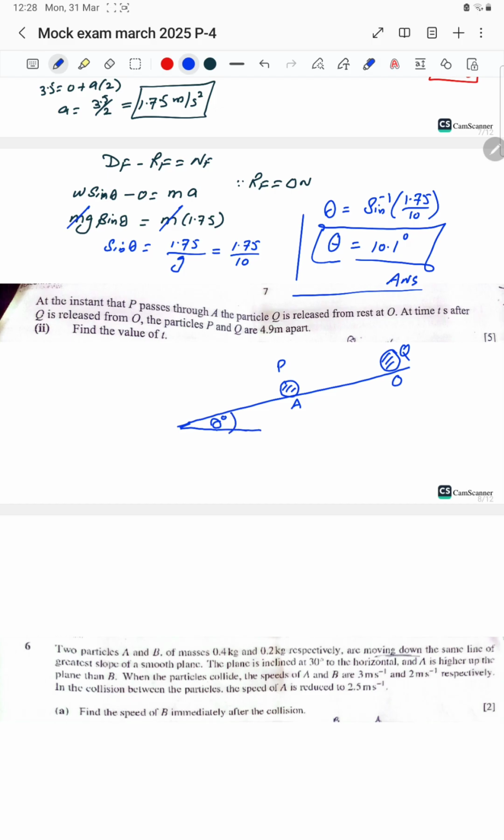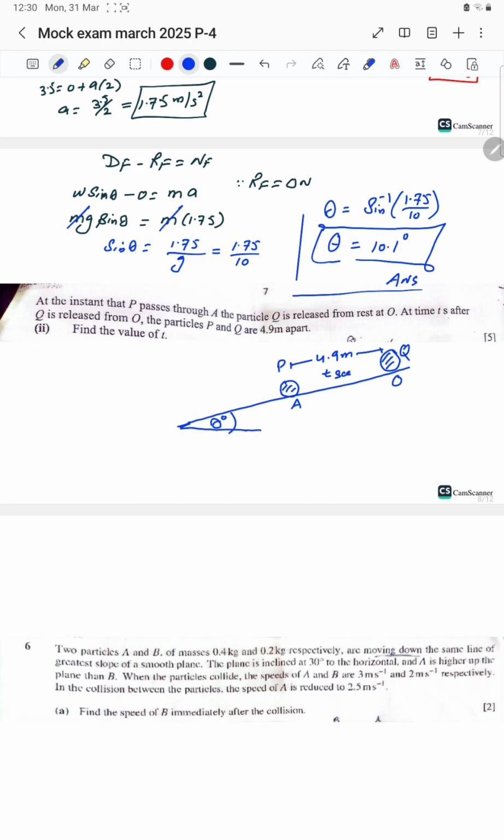How long after Q is released from O, t seconds, are the particles P and Q 4.9 meters apart?